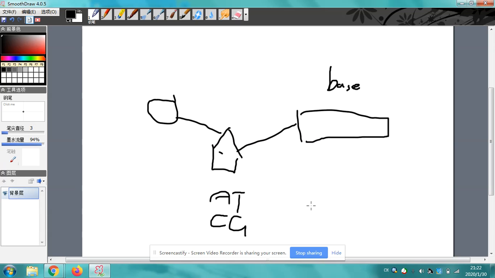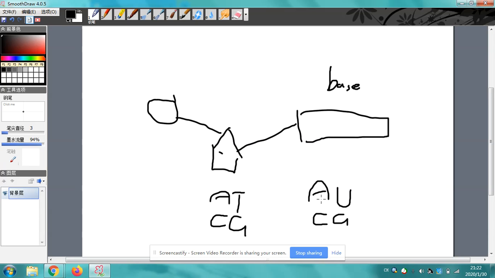But for the base, instead of ATCG, it has AUCG, U for uracil. For now, we don't need to worry about uracil and all these bases. The only thing we need to be able to do is pair them up: A with T and C with G in DNA, and in RNA that will be A with U paired and C with G paired.